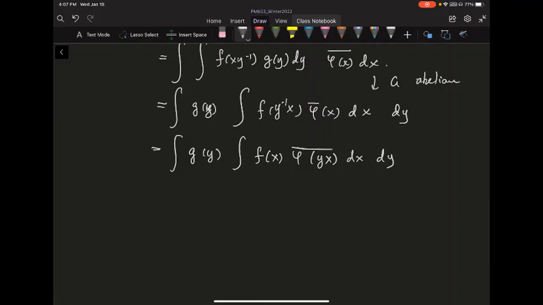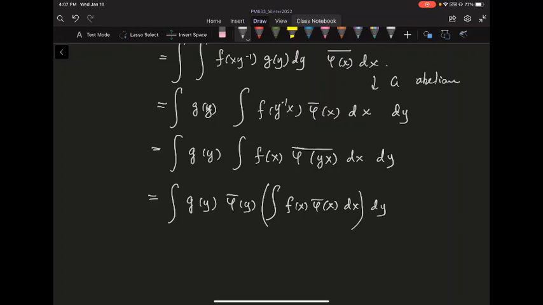Because phi itself is multiplicative, you can break it up into g of y phi bar of y, and then you integrate f of x phi bar of x dx dy. The inner integral doesn't depend on y, so you can move dy to the other side. For each one of them, it's now pretty clear: this is just phi hat of g times phi hat of f. So your phi hat is indeed in the maximal ideal space.